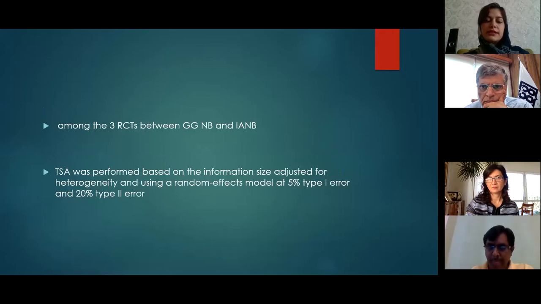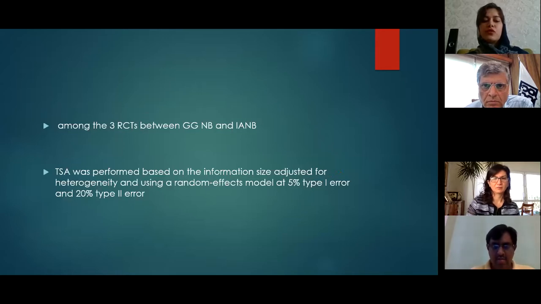This analysis is done among 3 RCTs between Gow-Gates nerve block and inferior alveolar nerve block. TSA is performed based on the information size adjusted for heterogeneity and using a random effect model at 5% type 1 error and 20% type 2 error.